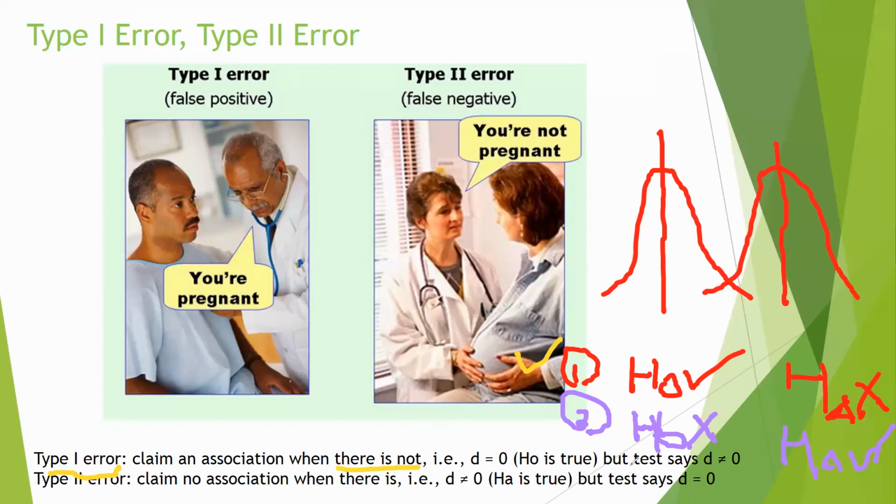But you claim there's an association, so that is a mistake, right? So given the null hypothesis is true, but you reject it, this is an error. So we call this type of error a type 1 error. So this is aligning with this situation. Is that clear? Okay.